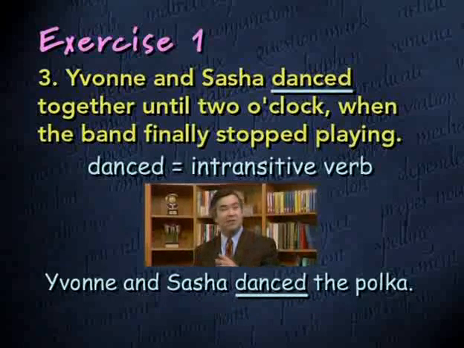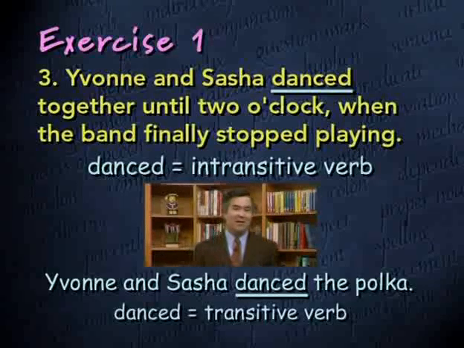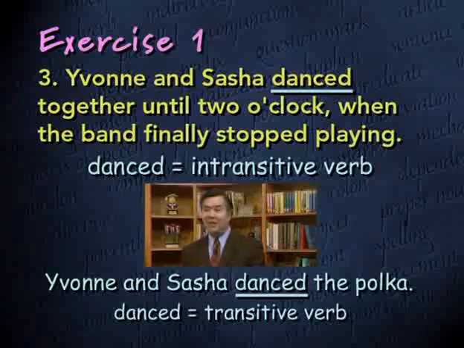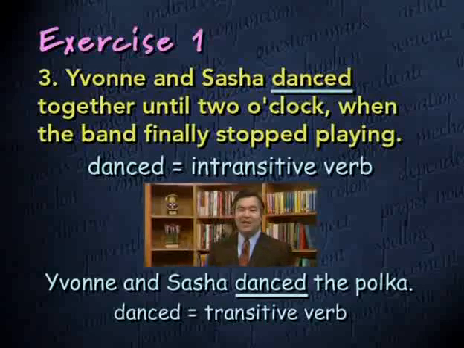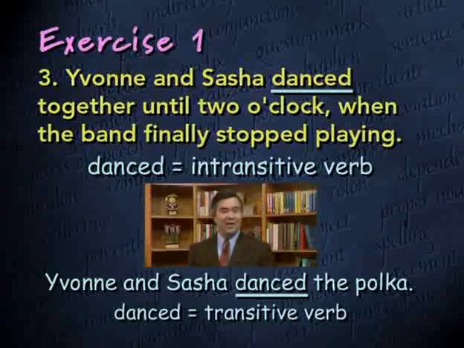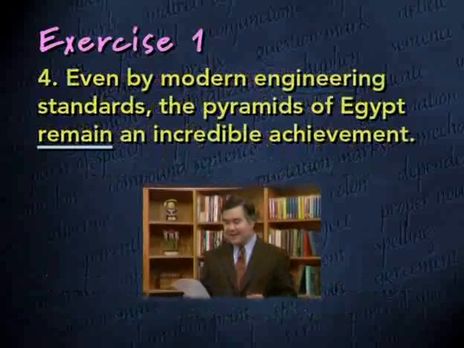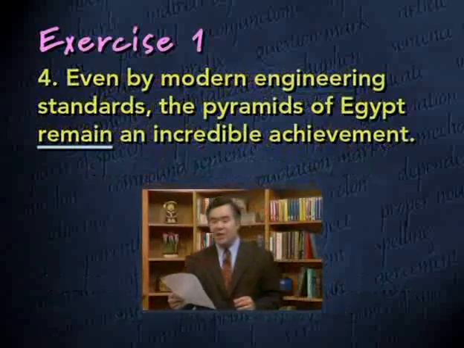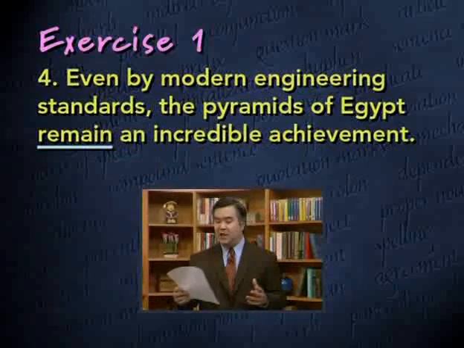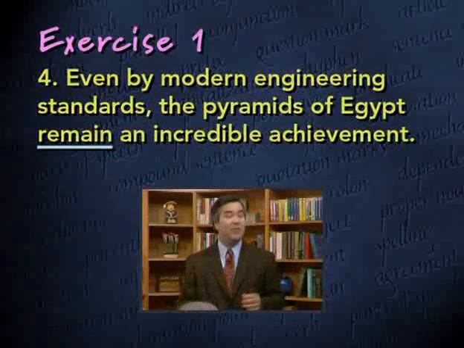And we would have transformed the verb danced from an intransitive verb to a transitive verb, because there would be an object receiving the action of the verb. There is no such object in this sentence, and therefore the correct answer for this sentence in your exercise is intransitive. The next sentence. Even by modern engineering standards, the pyramids of Egypt remain an incredible achievement.